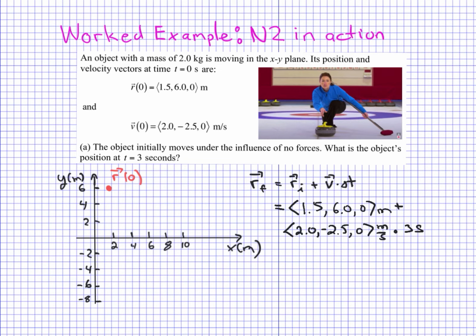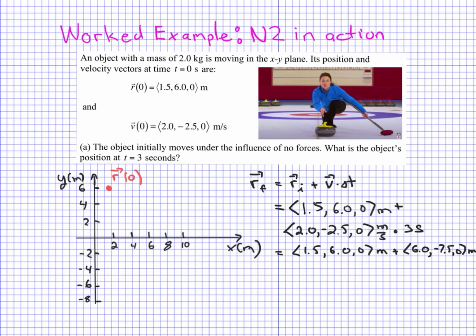That's the time between time 0 and time 3 seconds. So this is equal to 1.5 comma 6.0 comma 0 meters plus 3 seconds times 2 meters per second, which is 6 meters, and then minus 7.5 comma 0 meters.